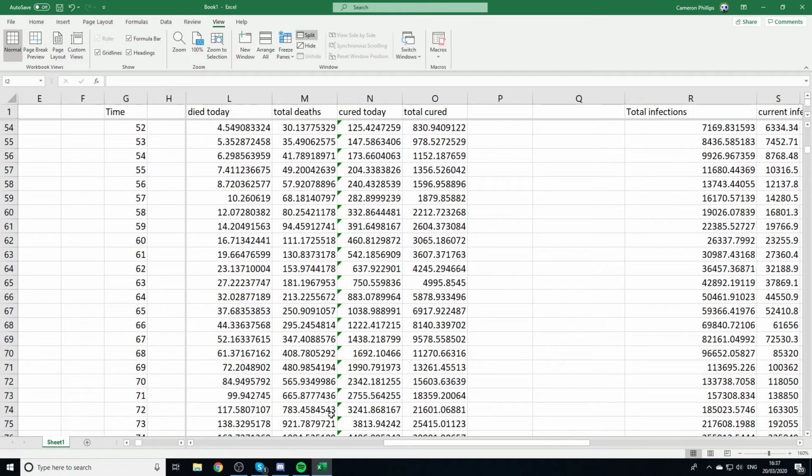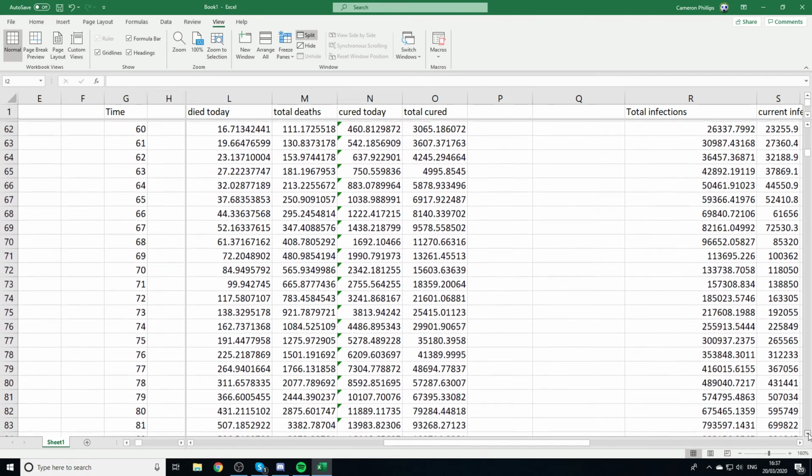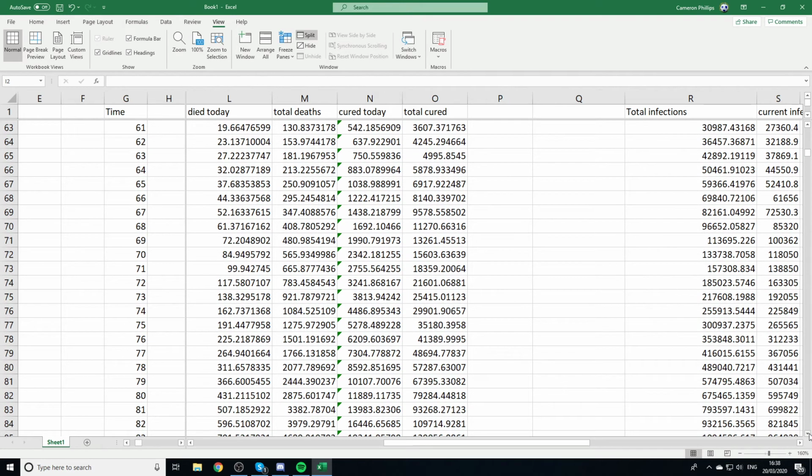No, sorry, actually that's the cured today. Let's go down to where Italy are, 3,000 deaths. Day 81, about 3 weeks ahead of us. 507 died today, 3,000 dead. Cured today, 13,000. Total cured, 93,000 have come out the other side. It gives you an idea of the figures.